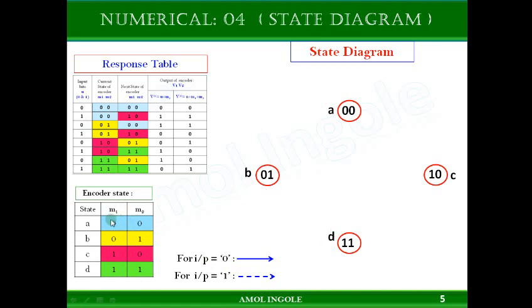As we are discussing an encoder having two memory units, there will be 2 raised to power 2, that means 4 states of the encoder. Those 4 states I'm showing with circles. You can use any sequence to show the states A, B, C, D, or all possible states.